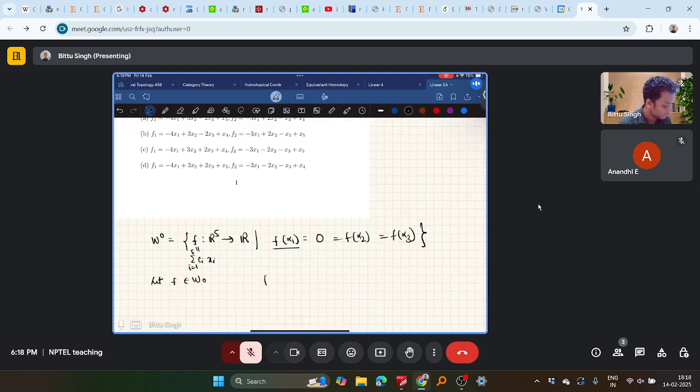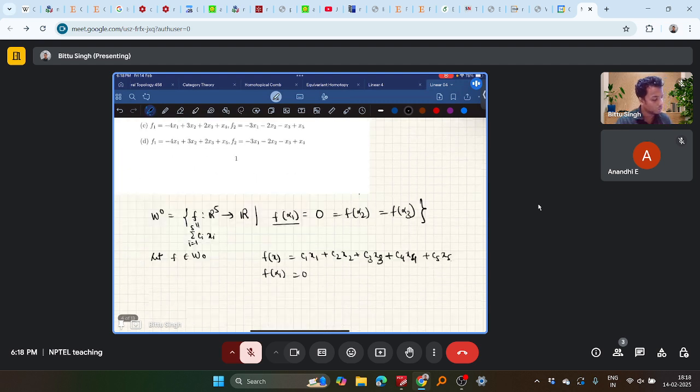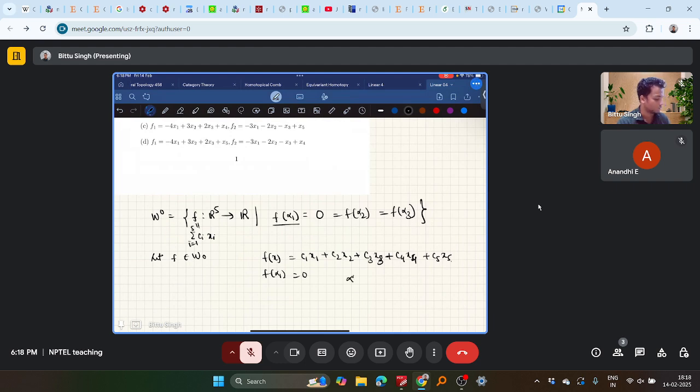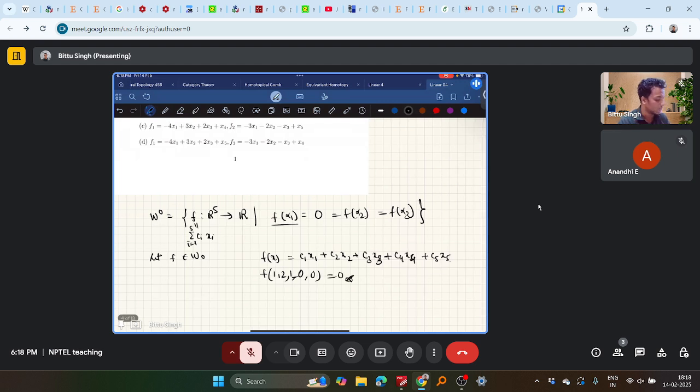So if we write f(x), this is the same as C1 x1 plus C2 x2 plus C3 x3 plus C4 x4 and C5 x5. Now f of alpha 1 equals 0, and alpha 1 is (1, 2, 1, 0, 0). That is, we may put f at (1, 2, 1, 0, 0). This is given because f annihilates alpha 1.